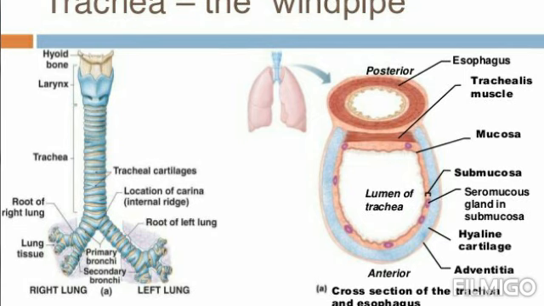They also prevent it from collapsing. This smooth muscle is supplied by autonomic nerves, which include both sympathetic and parasympathetic nerves.